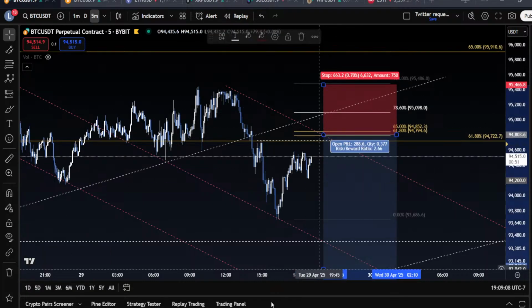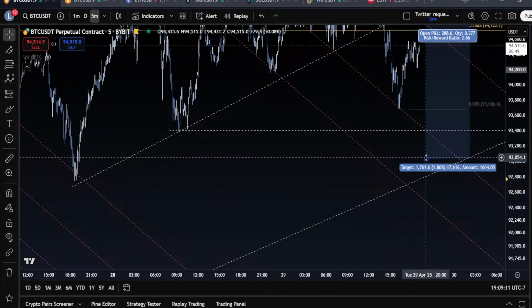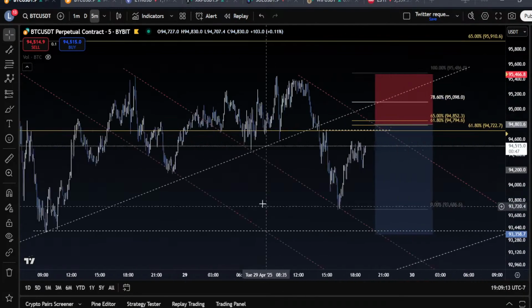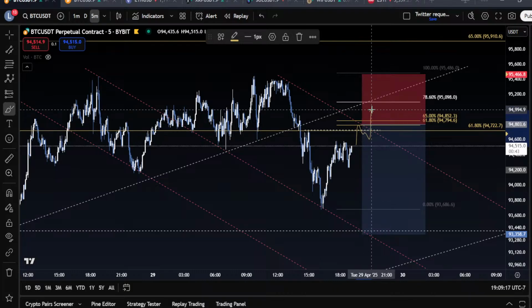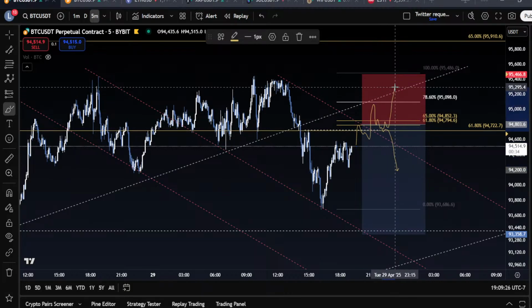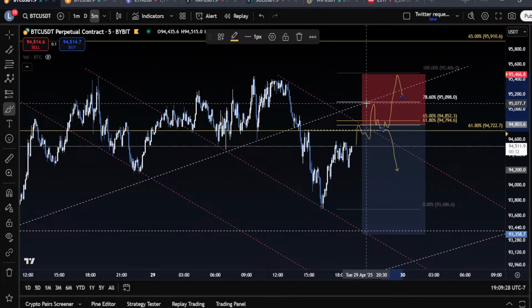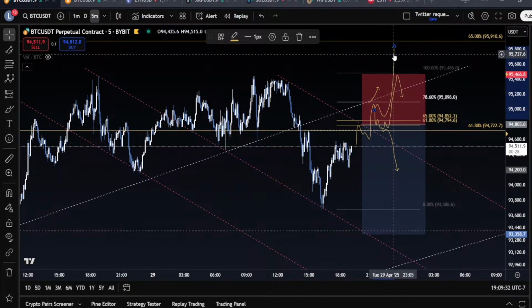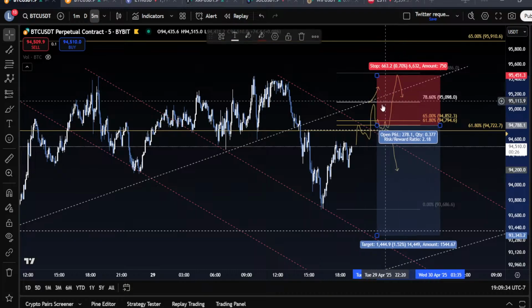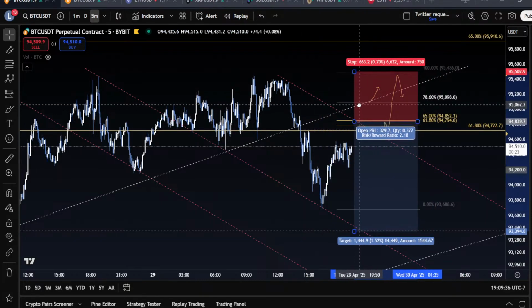The thing is, if we break out of this structure, I just wouldn't be surprised to see a really quick move through the high. So anyways, it's just one of those setups. It's either going to work or it's not. Give it a little bit of room to breathe.